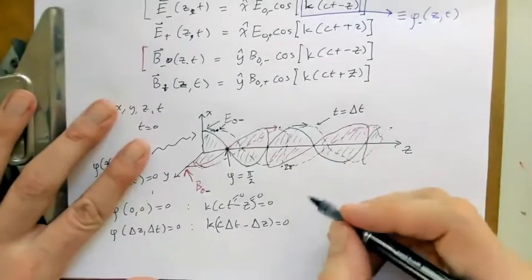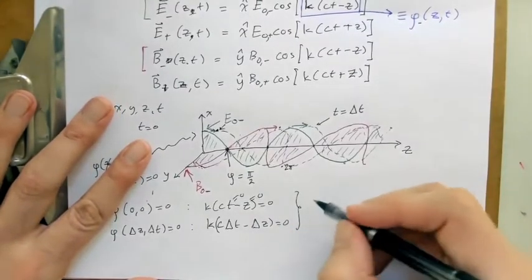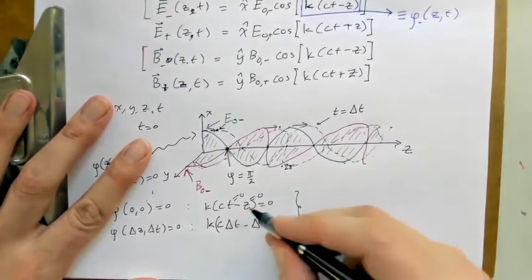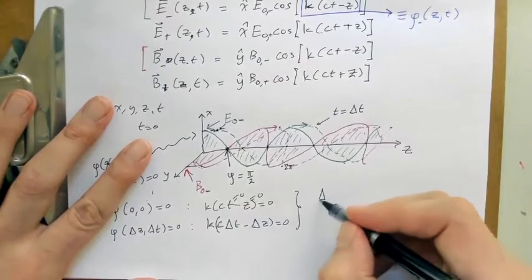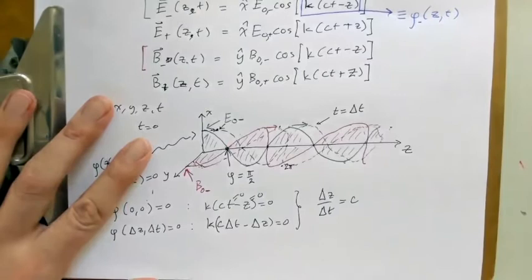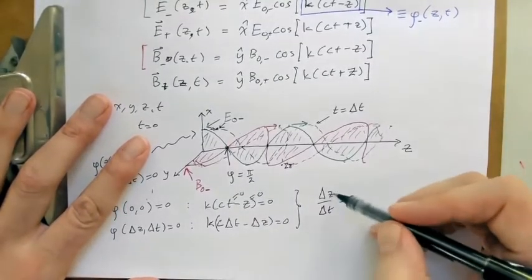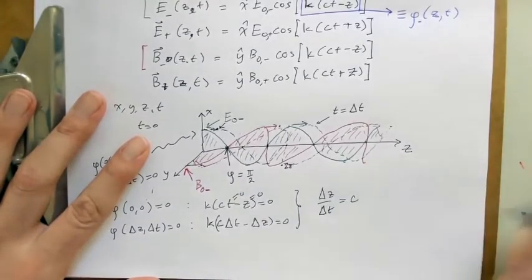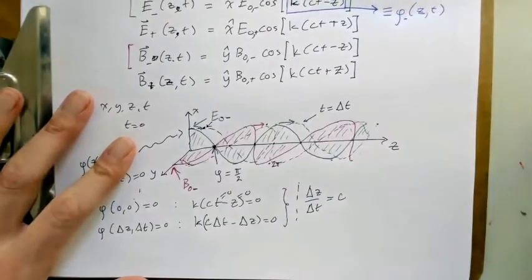And now we can ask ourselves, what is delta z over delta t? Well, we can factor out our k because k is not 0, and we get delta z over delta t is equal to c. And delta z is in meters and delta t is in seconds, so this is the speed.